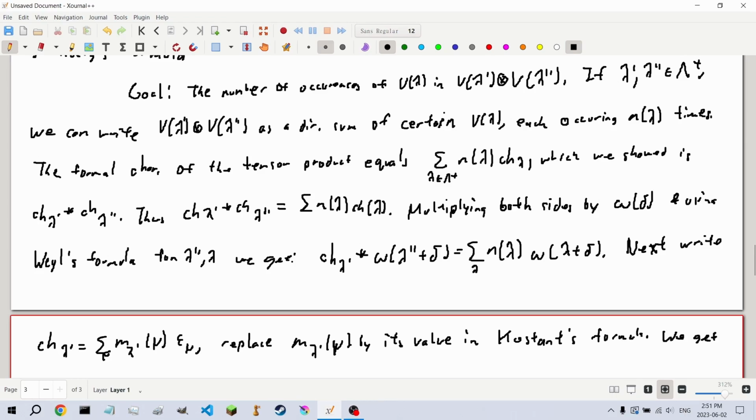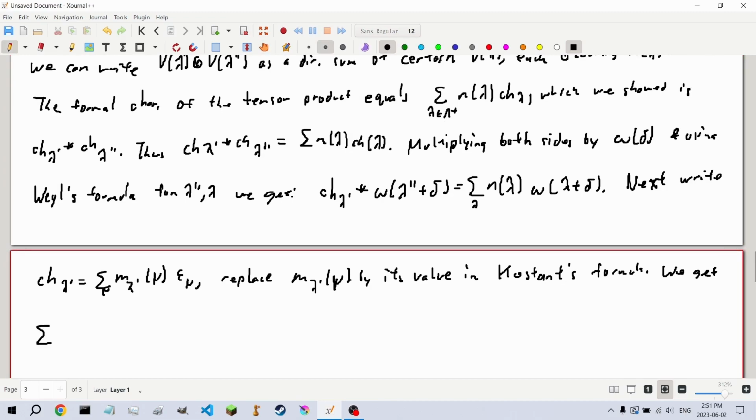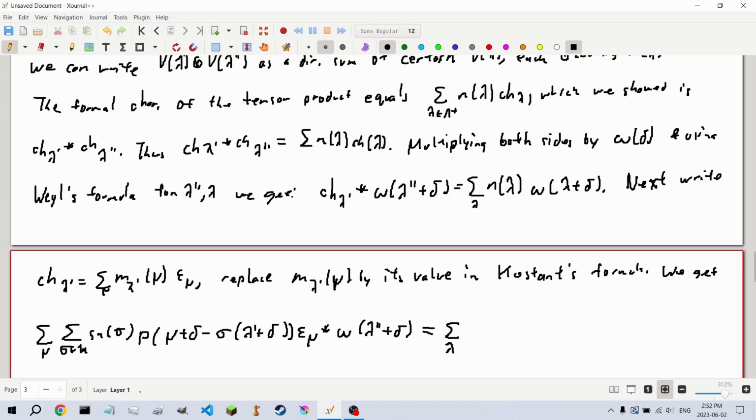We then get that the sum over mu times the sum over sigma in the Weyl group of the sign of our reflection times p of mu plus delta minus sigma of lambda prime plus delta, all scaling epsilon mu convoluted with omega of lambda double prime plus delta is equal to the sum over our lambda of n of lambda times omega of lambda plus delta.